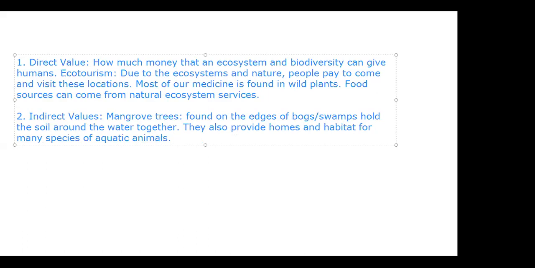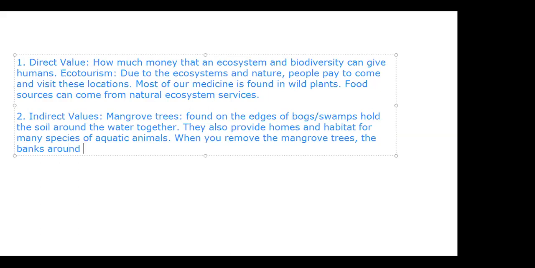When you remove the mangrove trees, okay, when you remove these trees, the banks around the water begin to heavily erode, okay? So you're going to lose a bunch of the land right there. And that's why you see people who live near rivers.